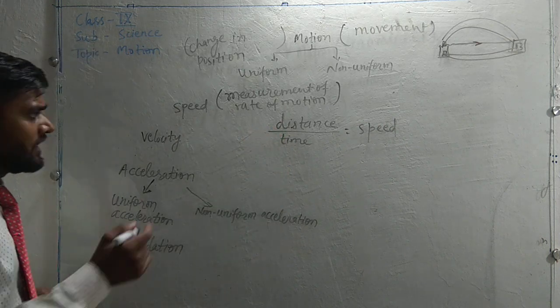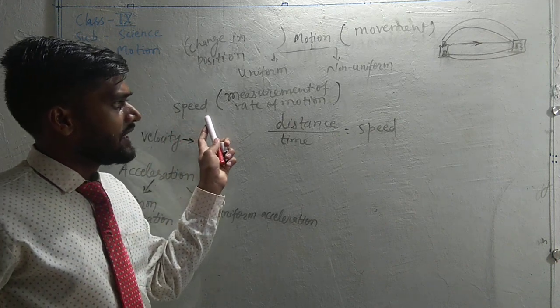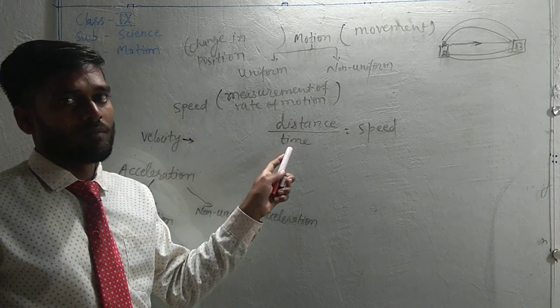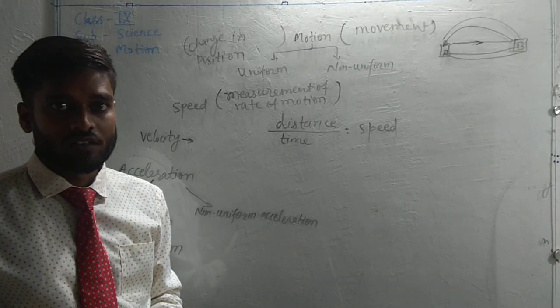Now what is velocity? See, speed is only distance by time. How much distance is covered and for what time it was in motion.